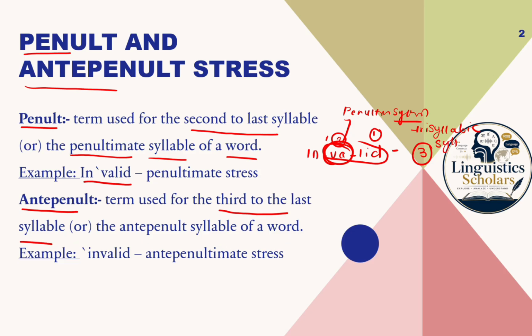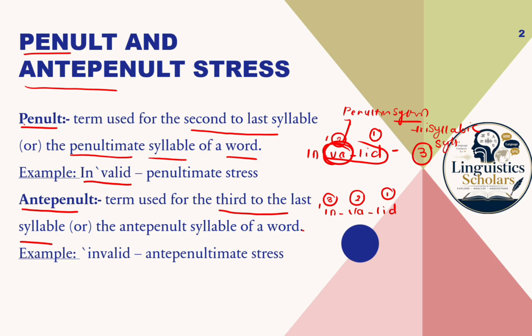Okay, and antepenult is the term used for the third to the last syllable of the word. I have taken the same example to make you understand the concept. In the same word with three syllables, lid is the first from the end, va is the second from the end, and in is the third from the end. And if the stress falls on the third syllable from the end, it is called the antepenult syllable of the word.